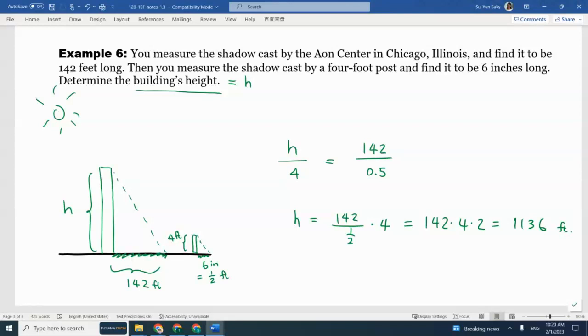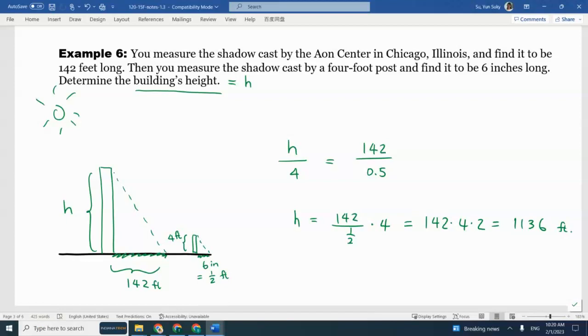If you kept it as the fraction, it would have been 4 times 1/2. This 1/2 is in the denominator, so we cannot multiply by 4 with it. This 4 is in the numerator. Because it's 1 over 1/2, this is actually 2. When you divide by a number, it's the same as multiplying by its reciprocal.